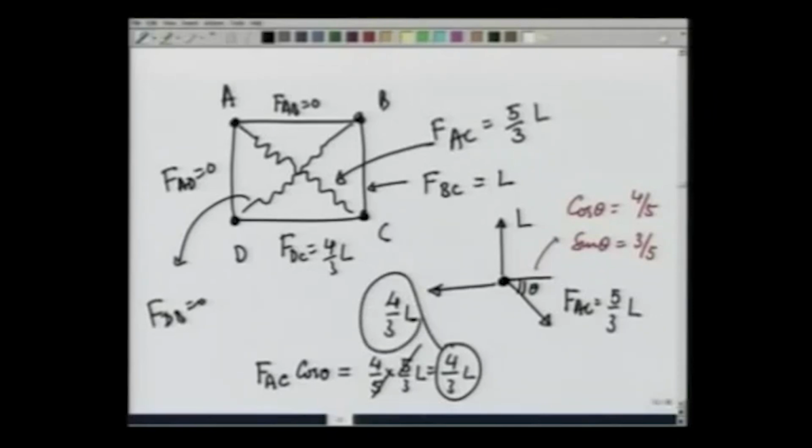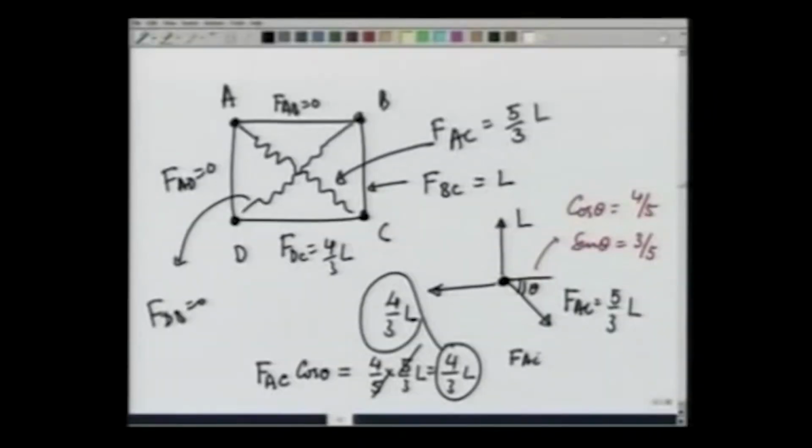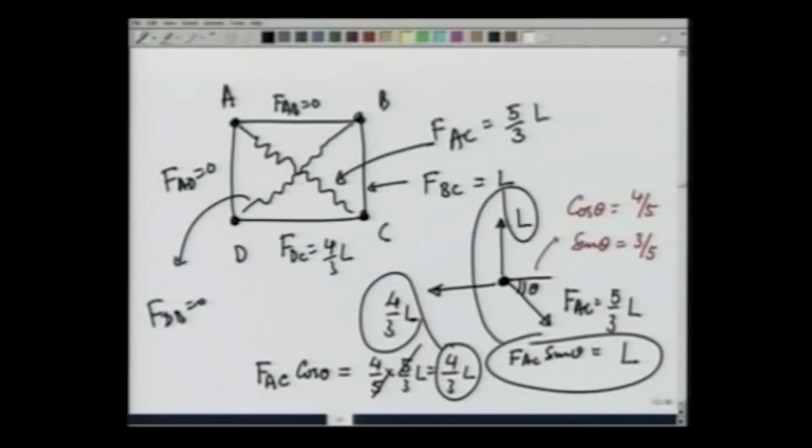So, horizontal forces are 0, and F_AC sine theta comes out to be 3/5 times 5/3 L, which is L, and this force is going to balance out this particular force, and therefore, point A is in equilibrium and we have solved the problem correctly.